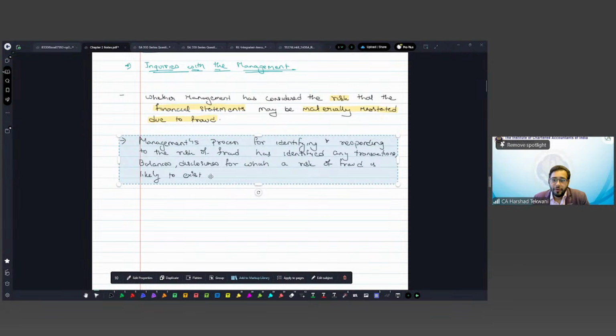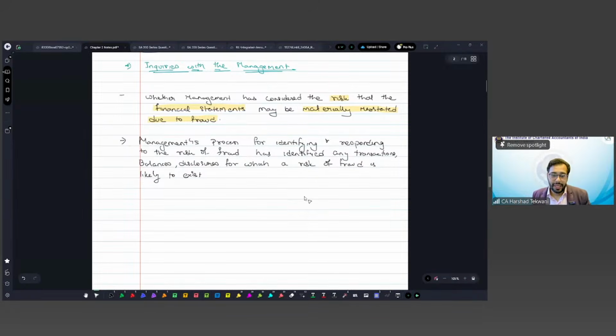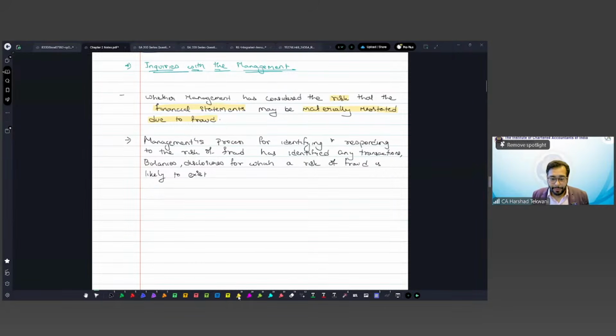And have they identified any transaction, balance or disclosure where a risk is likely to exist? Means any area that, even after employing their processes, they think there are high chances of fraud. These are areas we need to ask them about.